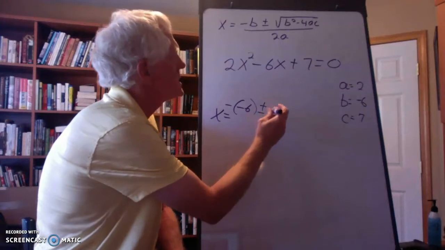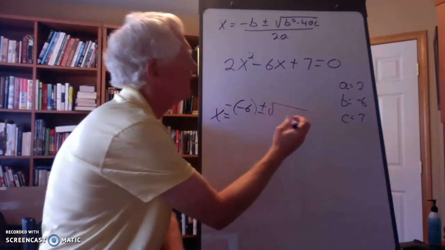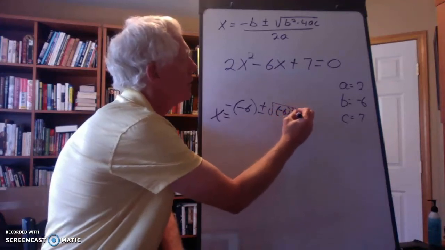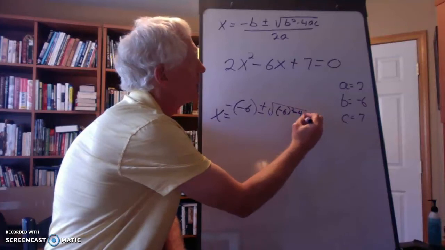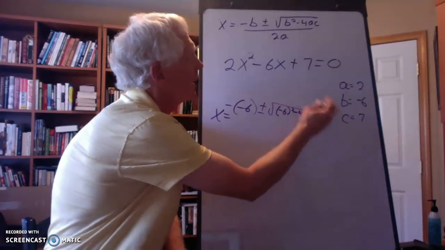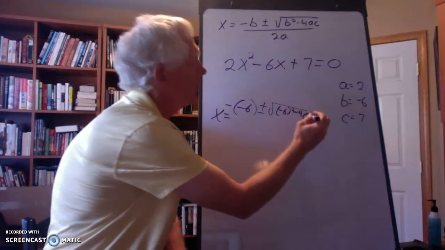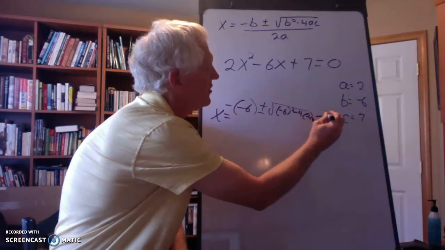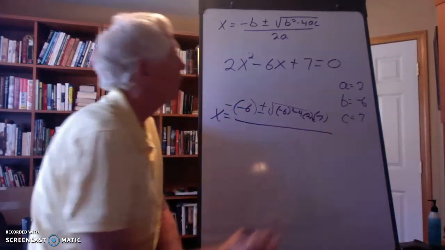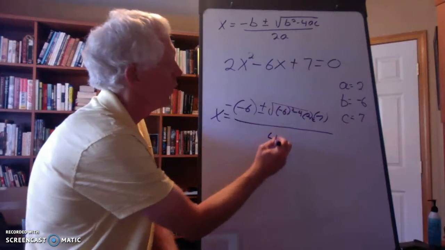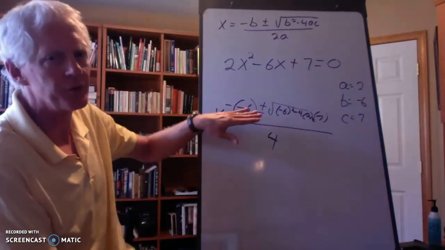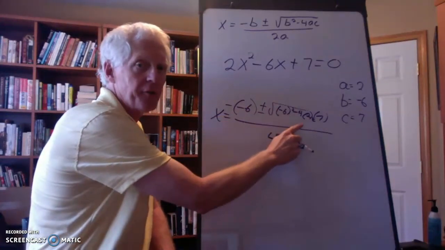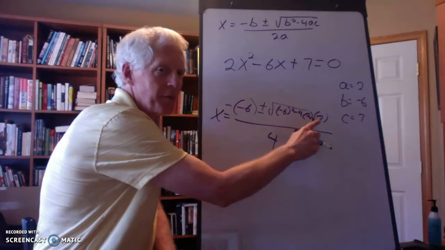Plus or minus the square root of negative 6 squared minus 4 times A, which is 2, times C, which is 7, all over 2A, which is all over 4. This is too small, I apologize. That's negative 6 squared minus 4 times 2 times 7.